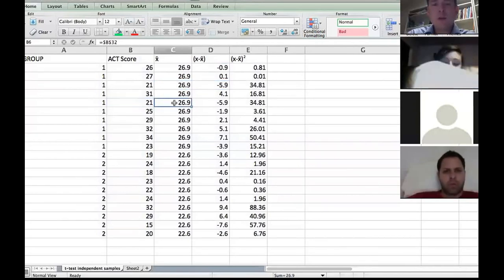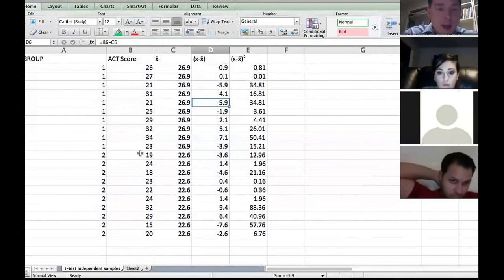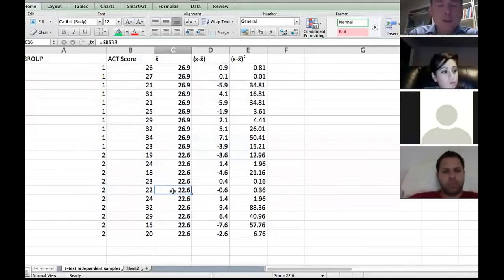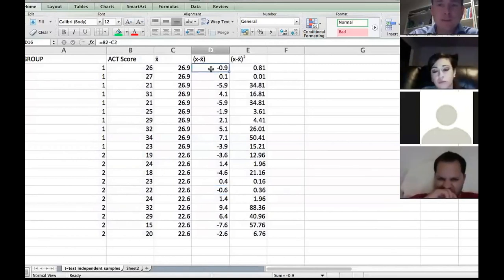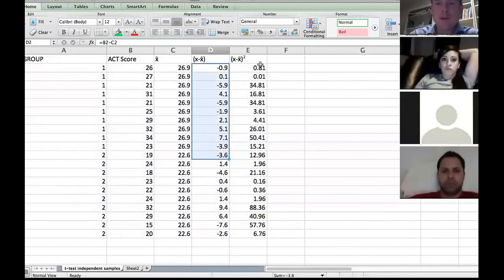This other person is 21 as well, 5.9 points below the average. And this person here, 22, scores similarly to these other two, but because the average test score in group 2 is really lower, that person is only minus 0.6 points below the average. So these different scores are in relationship to the group averages.